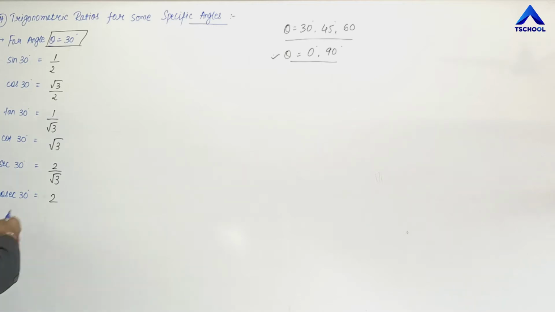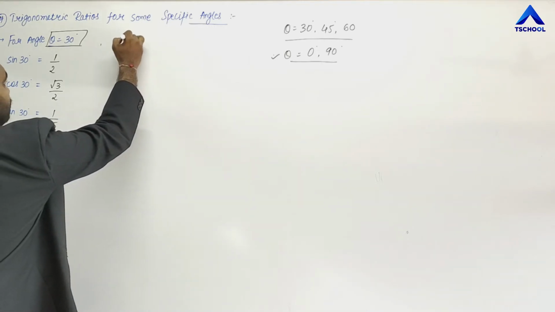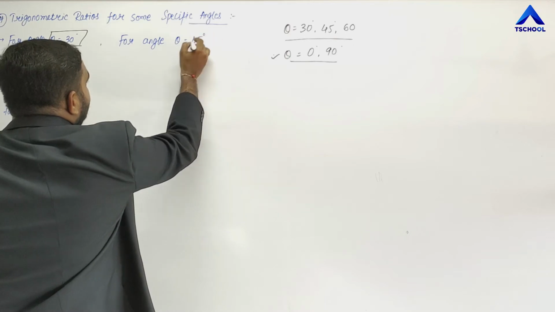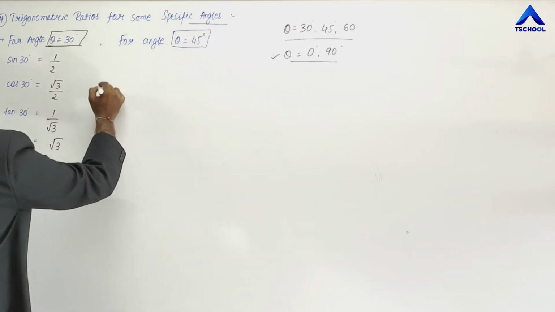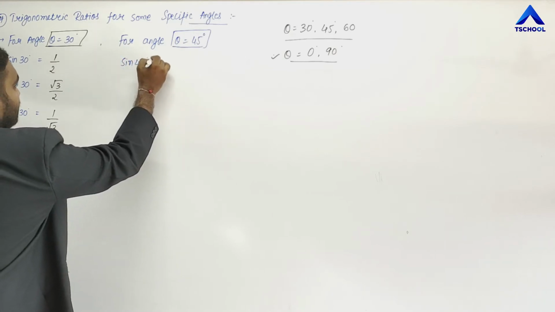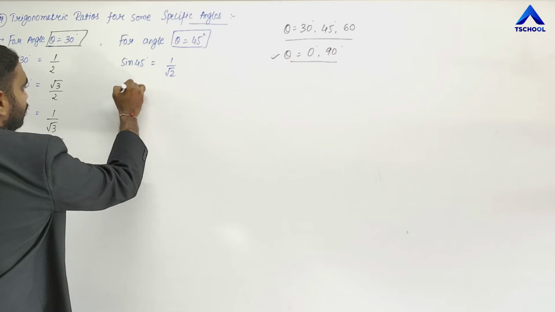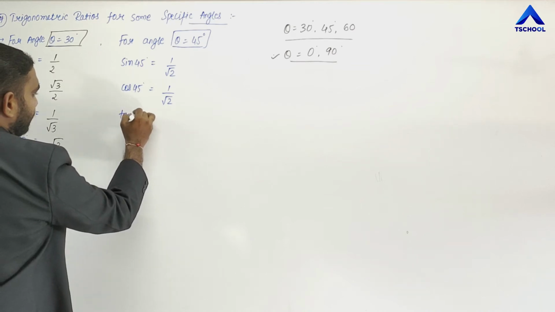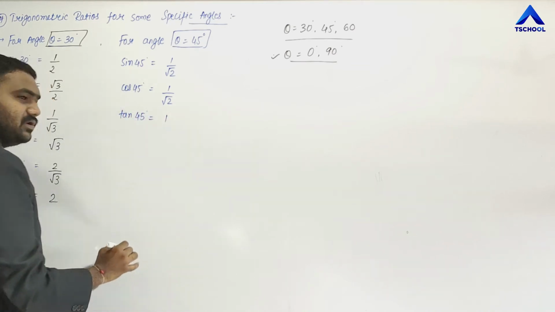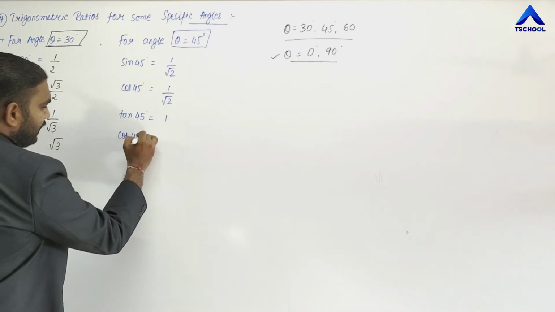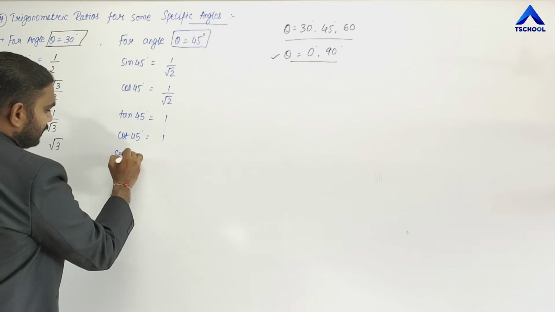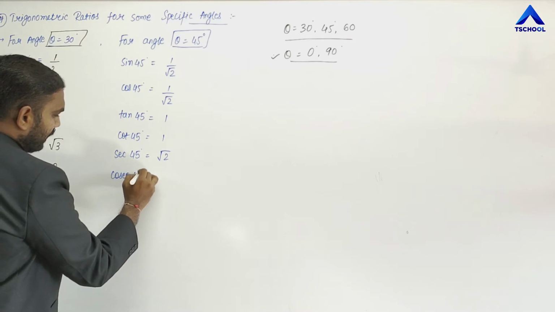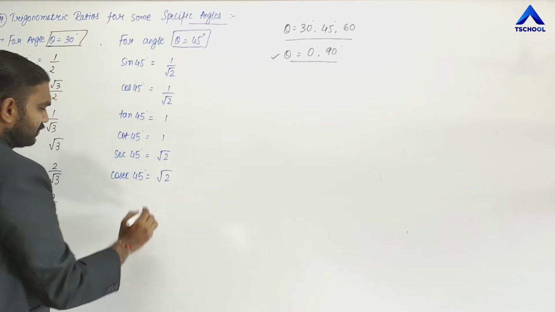Similarly, for angle theta equals to 45 degree, we have sin 45 equals to 1/√2, cos 45 is equals to 1/√2 again, tan 45 was equals to 1, cot 45 was equals to 1, sec 45 was equals to √2 and cosec 45 was again equals to √2.